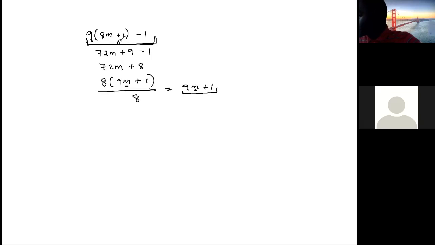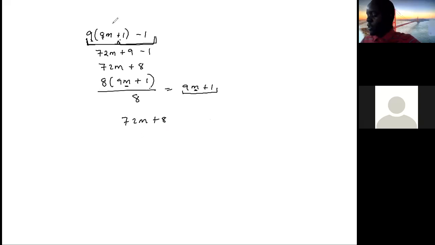What if you just divide by 8 instead of factorizing 72m plus 8? You only divide if it's an equation. If there was a 0 here, we could do that. But now it's not an equation, it's just an expression, so the only thing you can do is factor out.